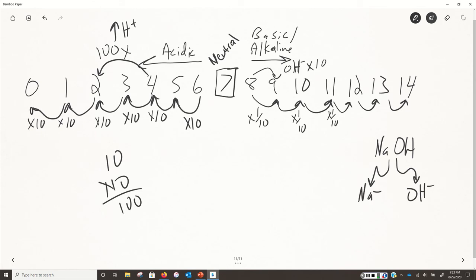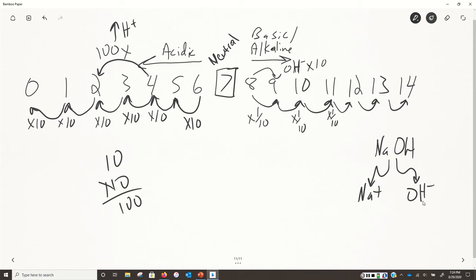In this case, Na plus. Bases fall apart into OH minus and something with a positive charge, in this case, Na plus. So that's where the OH minus increase in concentration comes from. But all alkalines do not have OH minus. This is just common for them to.